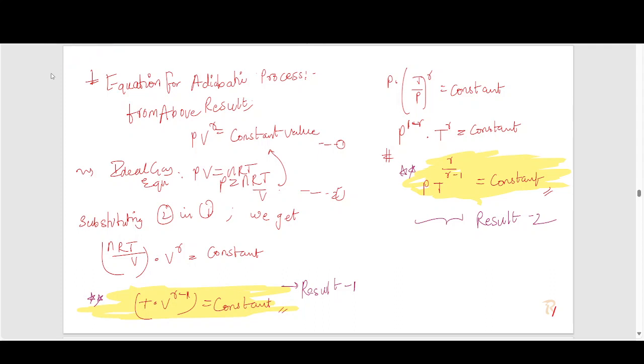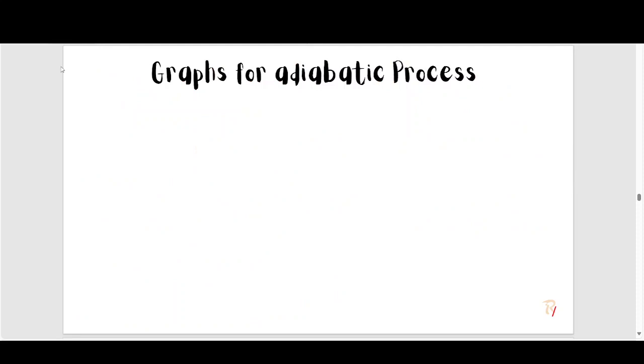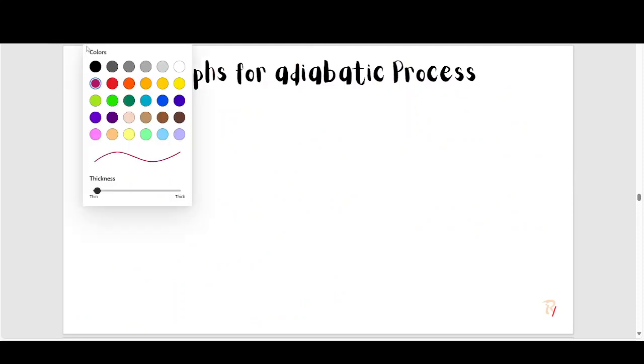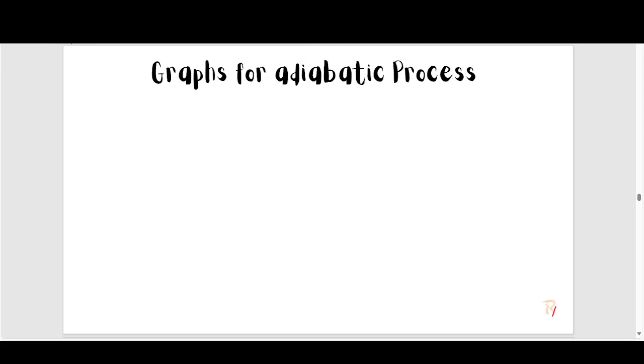Okay. Coming back to the graphs. These play an important role in our physics. Let me give the graphs of PV, PT and VT. Coming to the PV graph, let me draw.